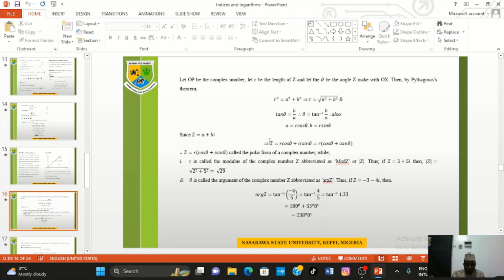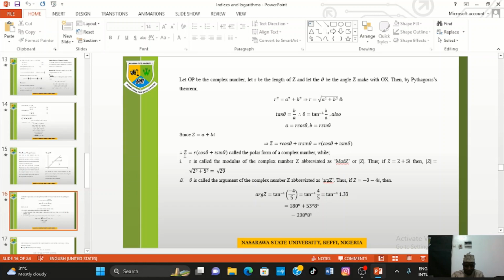So this implies that Z equals R cos theta plus i R sine theta, and that will be equal to R open bracket cos theta plus i sine theta, close bracket. We factor R out because it's the same. So therefore, this one is called the polar form of the complex number.